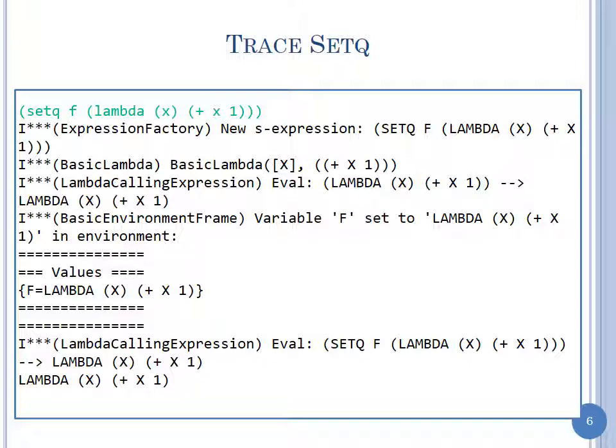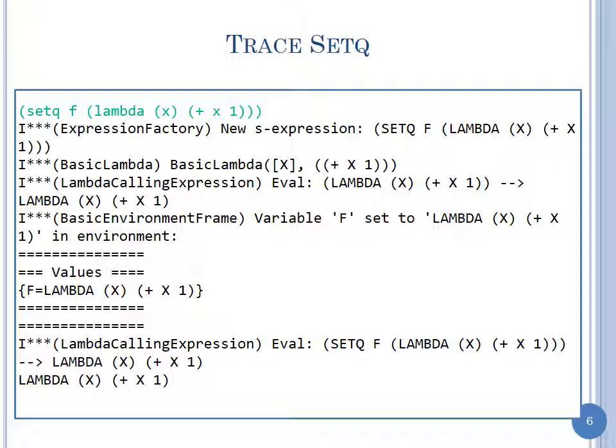Okay, so we can at least go and trace this. We've set queued f to lambda x plus x1. So we get back the lambda object here.